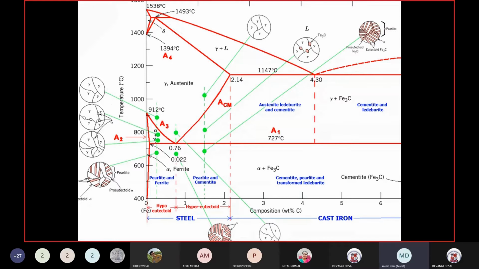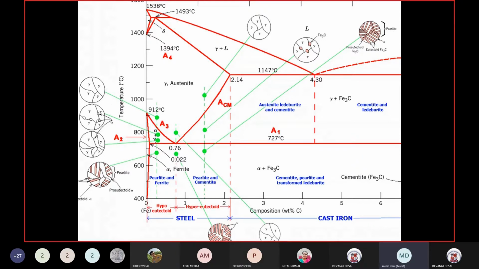In that also, you see another red dotted line at 0.76%, that is 0.76 to 0.8% of carbon. The left side of that line is hypoeutectoid steel, meaning hypoeutectoid steel has carbon content 0 to 0.76 or 0.8. In some books they mention this as 0.8.